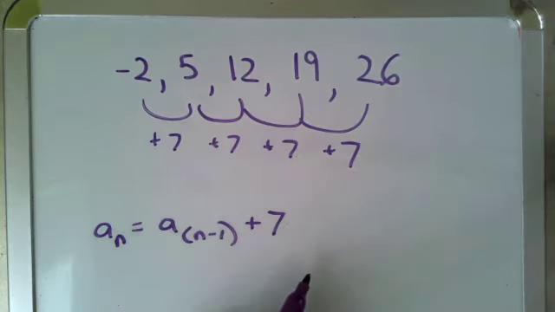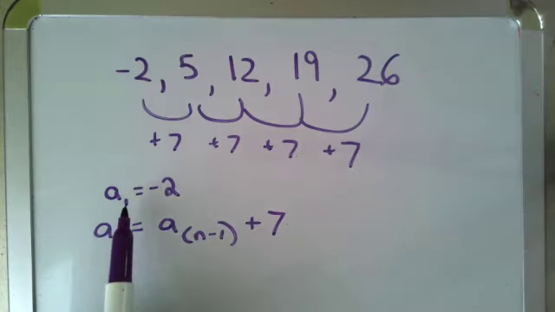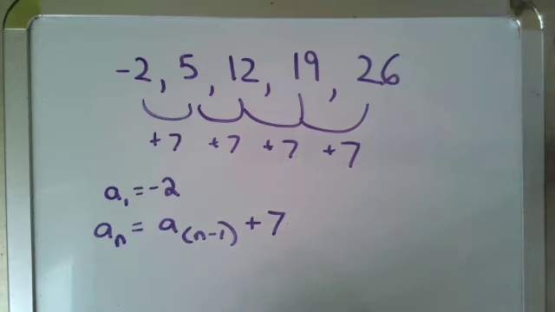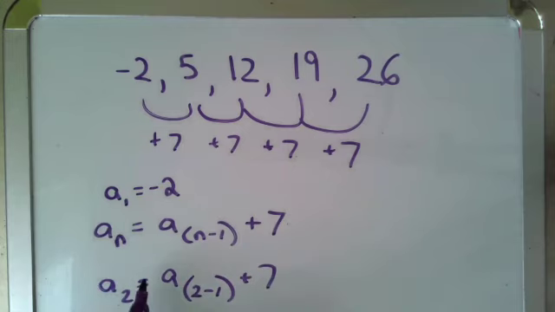Now, this is important. When you are writing a recursive definition, you must give a starting point. So this is not complete. You also have to include the following: my a sub 1 term is negative 2. Now if I want to find my second term, I know that my a sub 2 term is equal to my a sub 2 minus 1 term.